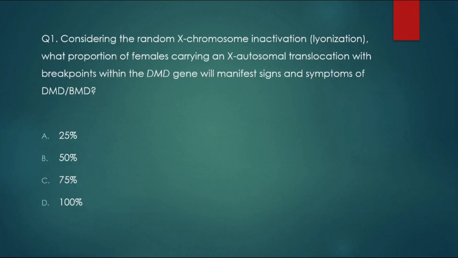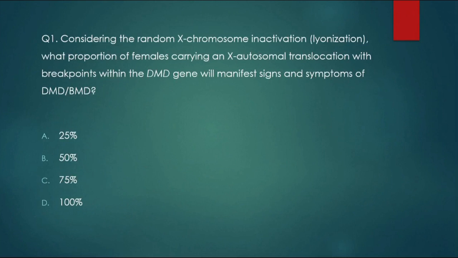So before we move on to the management, I have a question for you. Considering the random X chromosome inactivation, which is also called lyonization, what proportion of females carrying an X-autosomal translocation with breakpoints within the DMD gene will manifest signs and symptoms of DMD or BMD? So they have 2 X chromosomes.